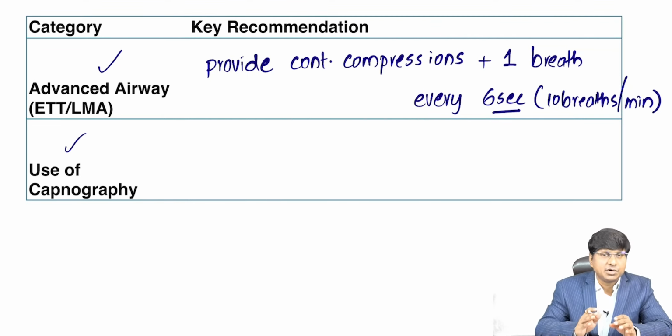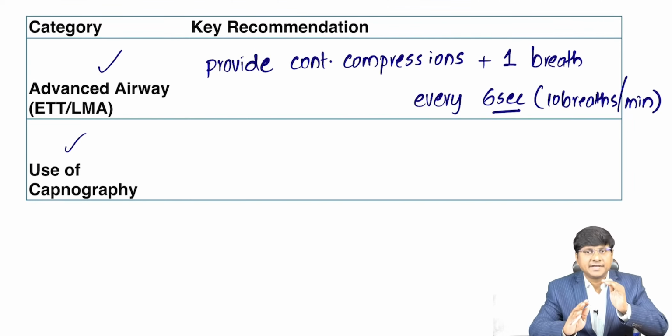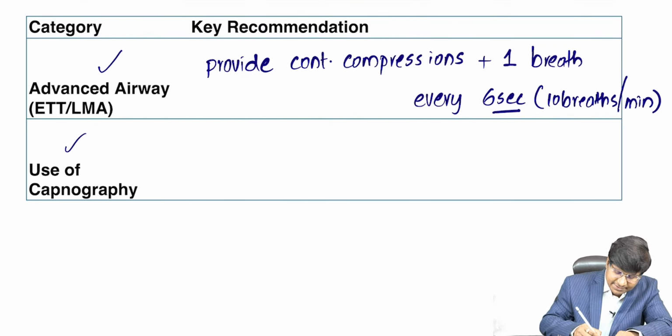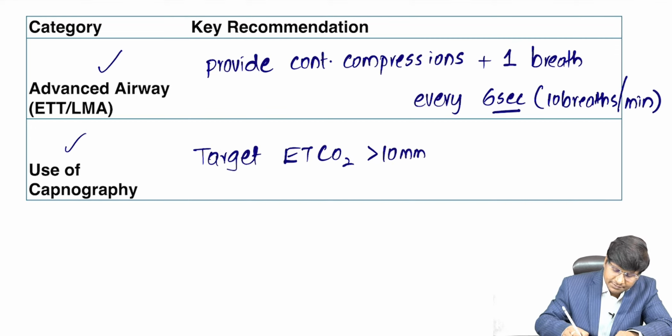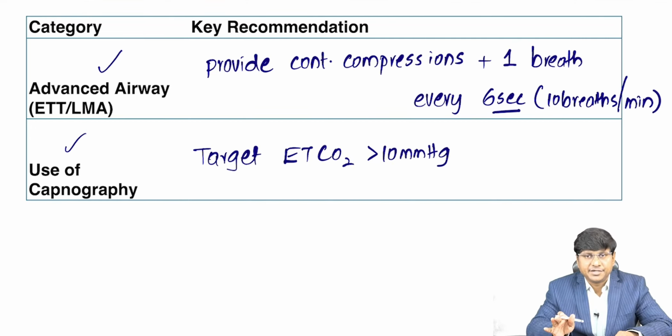And what about the use of capnography? Capnography is mainly for assessment of the levels of carbon dioxide. The target end-tidal carbon dioxide, EtCO2, should be more than 10 millimeters of mercury.